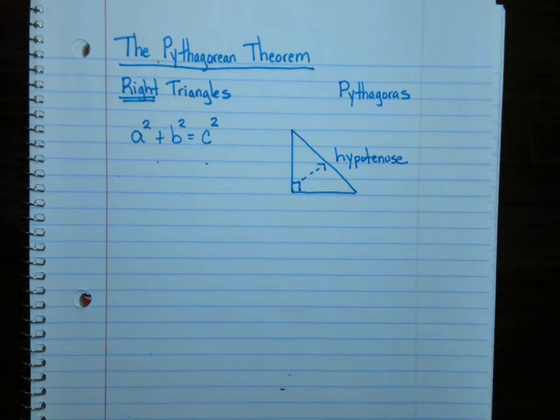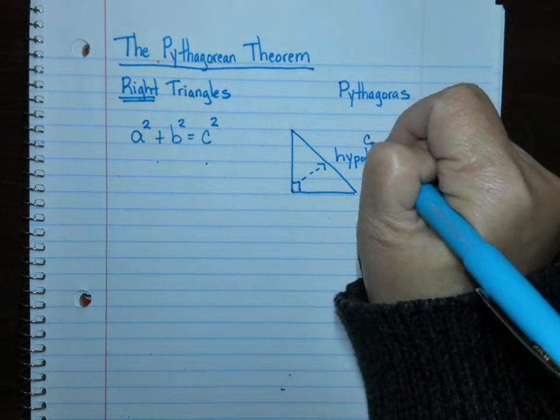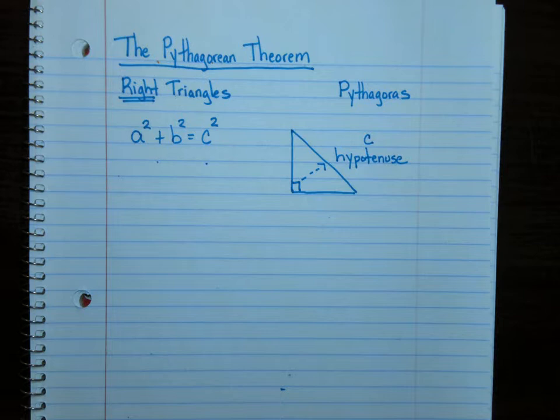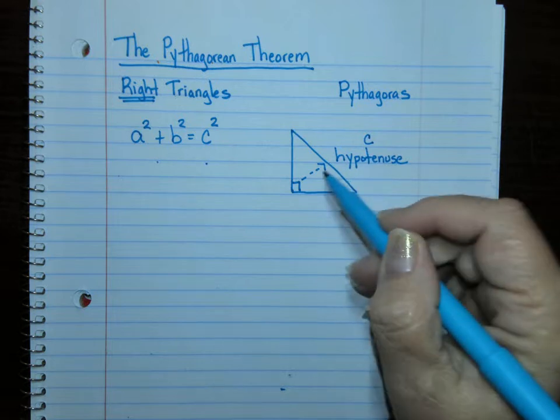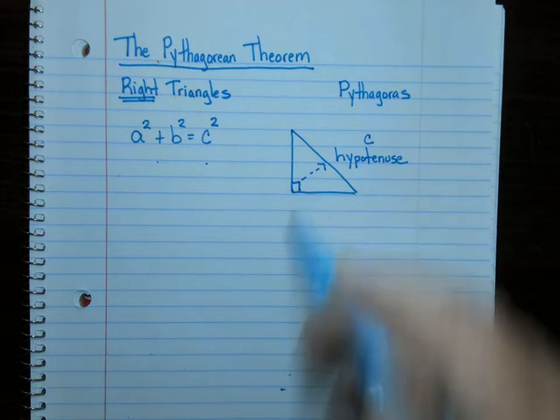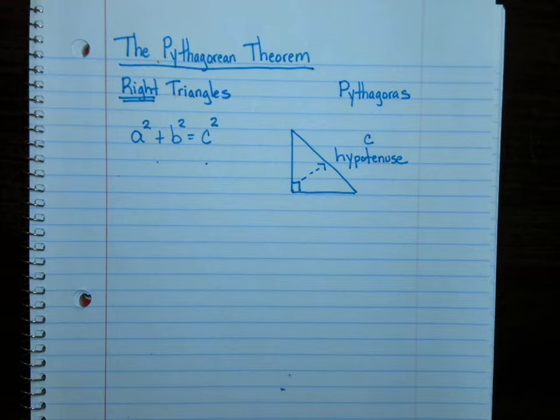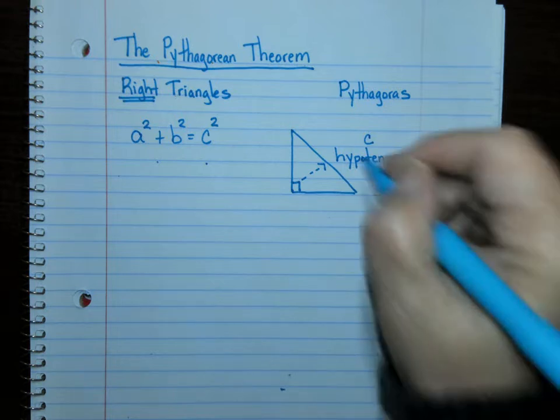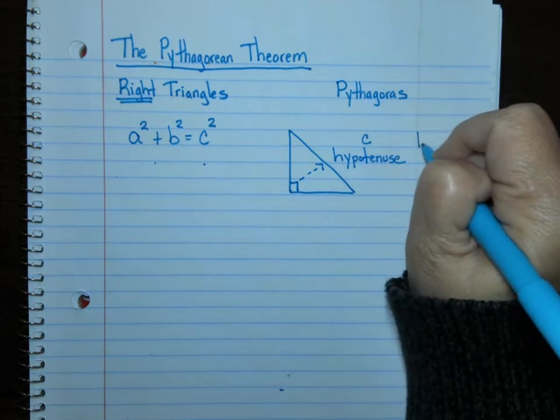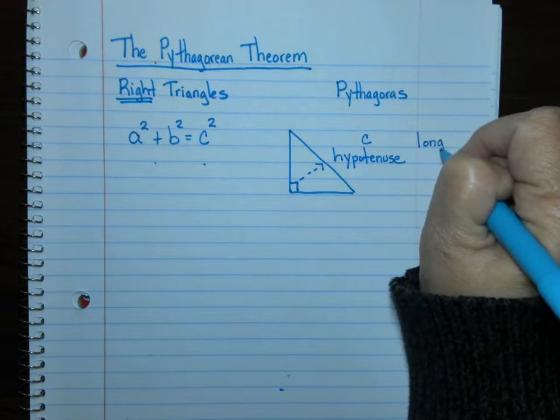And the hypotenuse is always where the variable c goes. The variable c always goes across from the right angle, on the hypotenuse. And it is also a true fact that the hypotenuse is always the longest side.